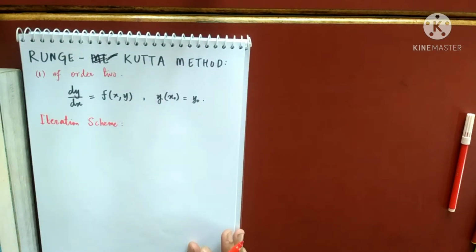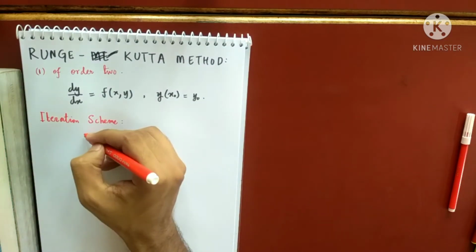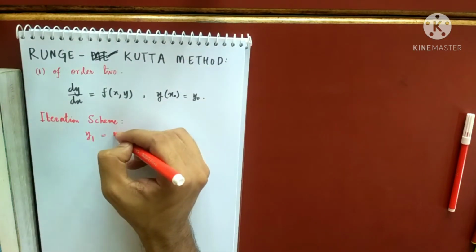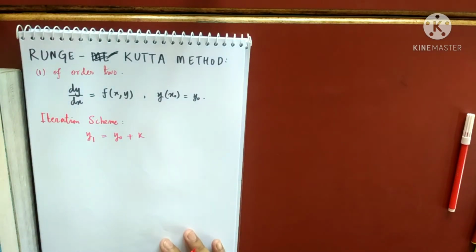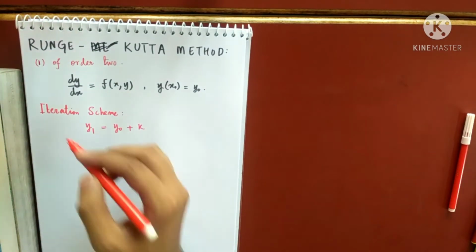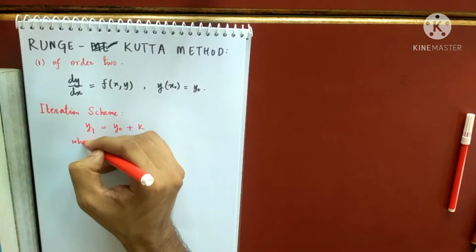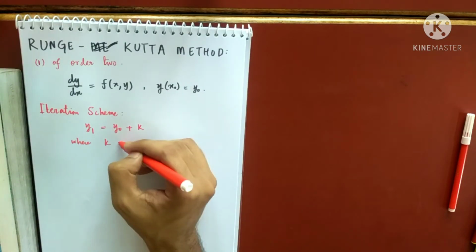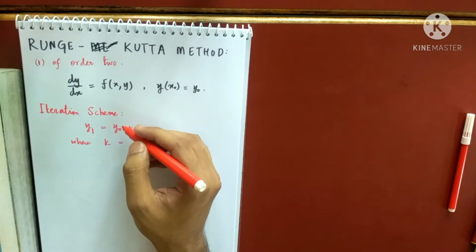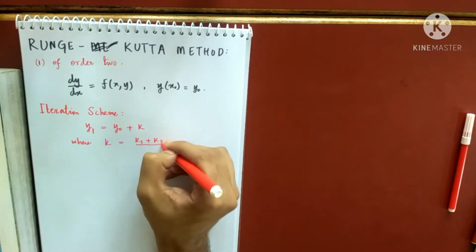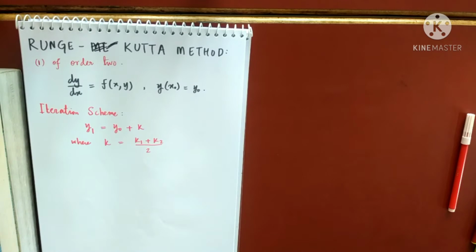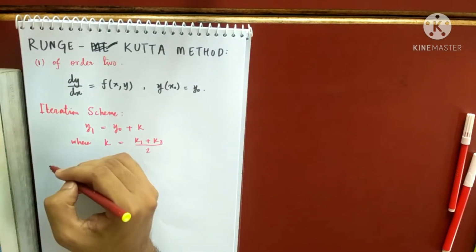So it is y1 is y naught plus k. Now what is k? Where k is equal to the average of k1 and k2, that means k1 plus k2 by 2. And what are this k1 and k2?